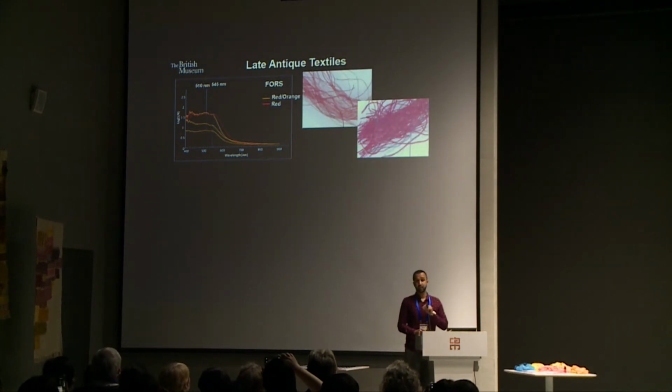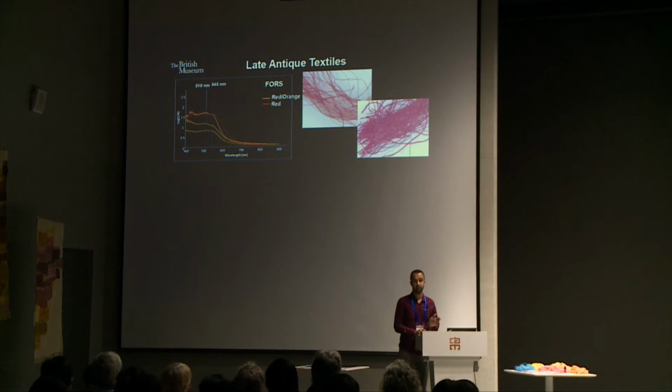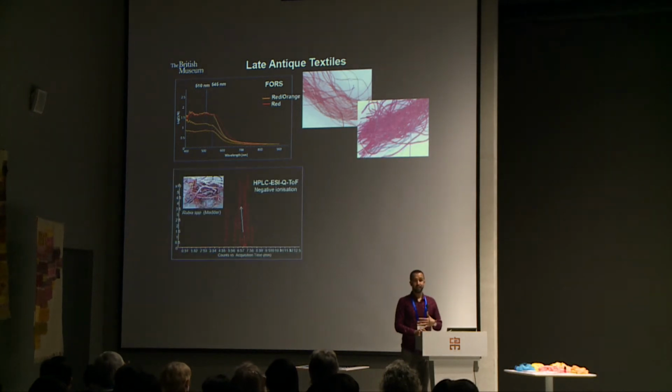So instead of sampling all the red areas at this point, we took just two samples, one from a lighter color and one from the darker color. And by looking at them under the microscope, we could see that there was a difference in shade for sure. And then the HPLC-MS confirmed the presence of madder.